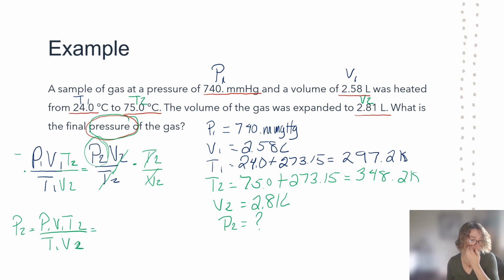Now it's a matter of taking my variables and plugging them in.